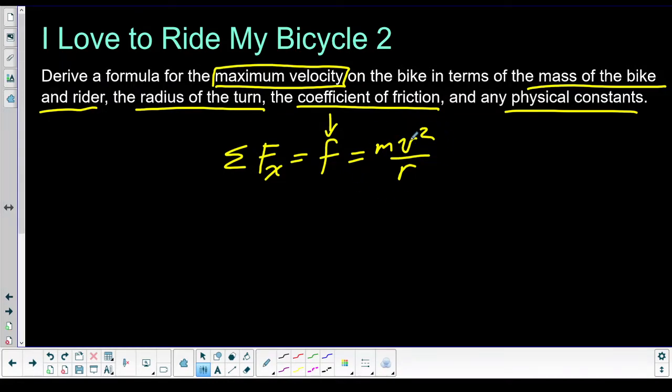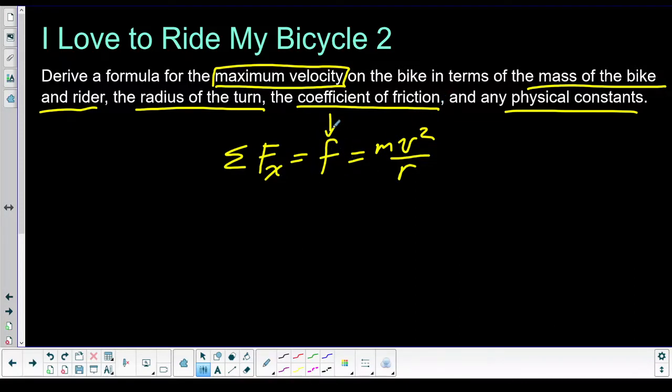If friction's too weak, then the wheels can't push toward the center hard enough, and my bike is going to end up sliding. It's going to turn from static friction to kinetic friction, which will be bad. So it doesn't ask me to solve in terms of friction. It says I can use the coefficient of friction, but not the force of friction itself.